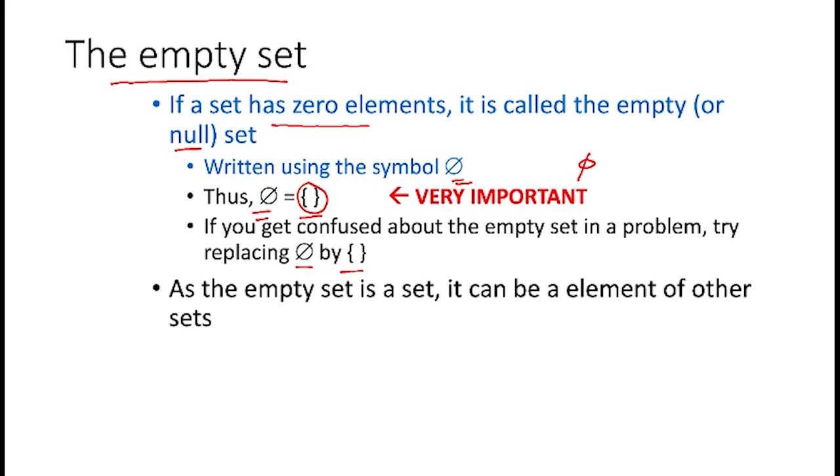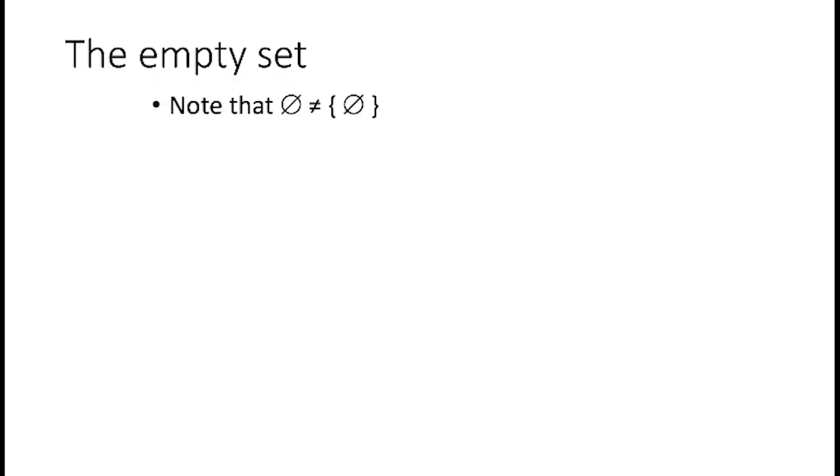Maybe somewhere we can find this phi, or maybe somewhere you can find the curly brackets with nothing inside, right? But this is also a set, and phi given inside a set is an element in that case, right? You have to understand that phi means null set, but this represents a set that contains phi as an element, having one element, right?